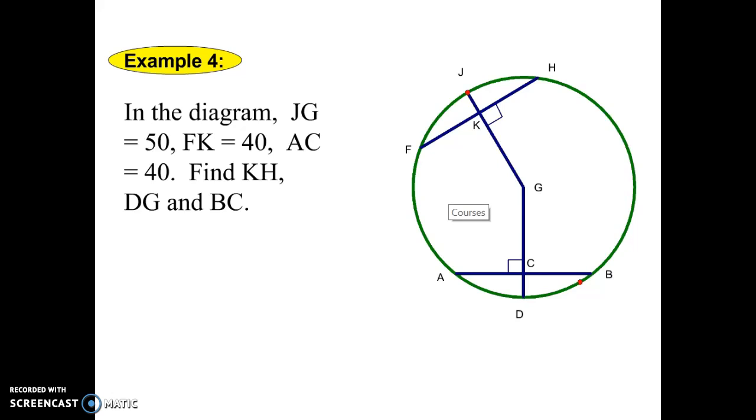So check out this problem here for a minute. Alright, and continuing on with this one, we are finding KH, DJ, DG, and BC. You can mark some of these down here. GJ, so this whole part here is 50.